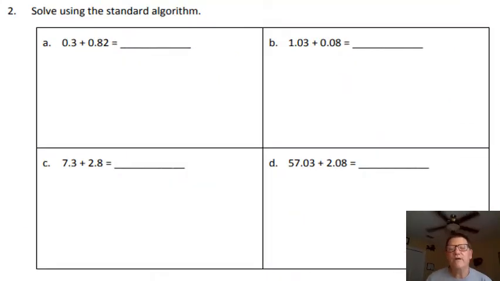All right, now at this time, we're going to start going more to the standard algorithm, okay? And I'm going to write these as I go, and I'm just looking at these two numbers I'm going to be adding. This one's in hundredths, that's 3 tenths. But if I rewrote 3 tenths into hundredths, I'd have 30 hundredths plus 82 hundredths.